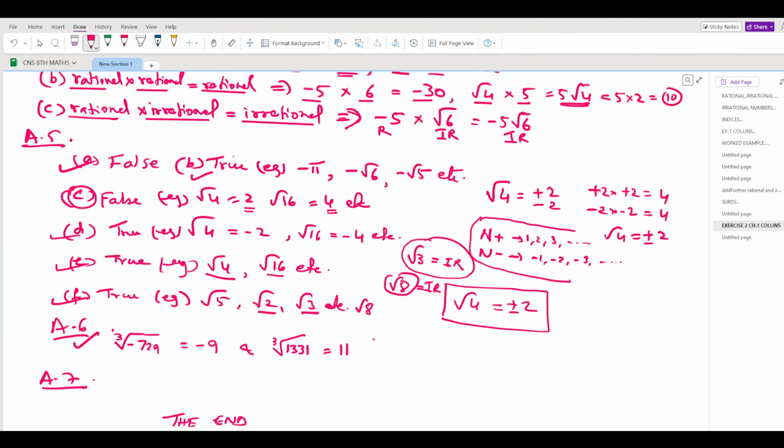So root of 500 on the calculator, I am getting the value as 22.3607. Okay, I'm getting this value. Now he has asked you to use your calculator.